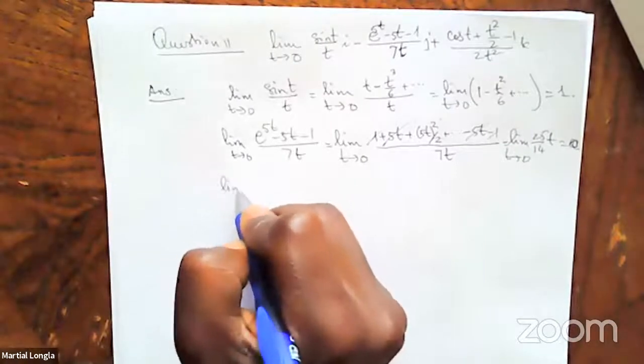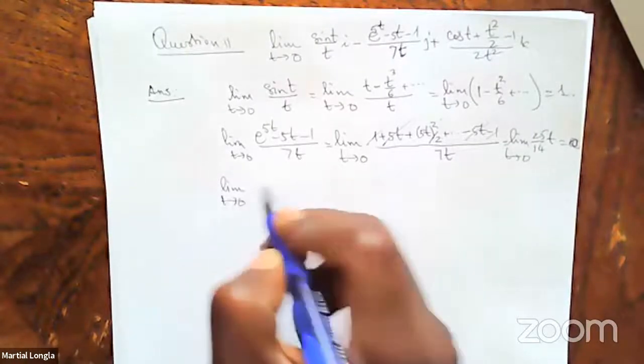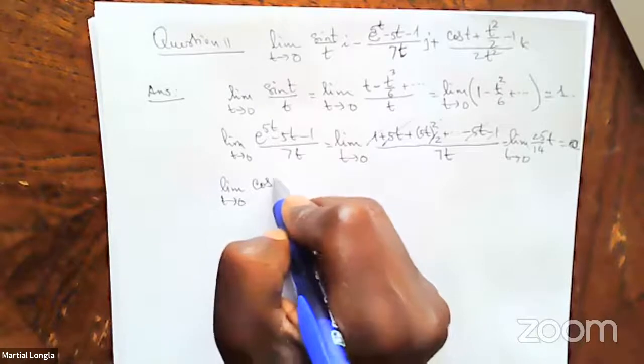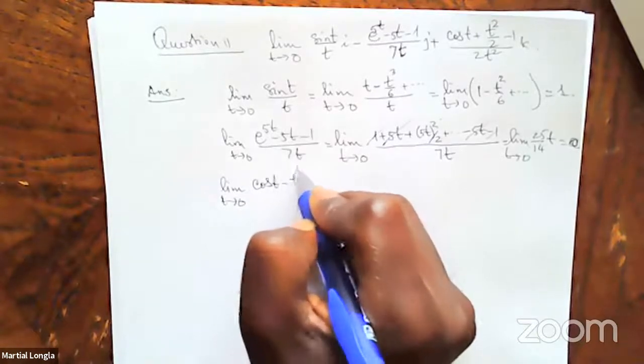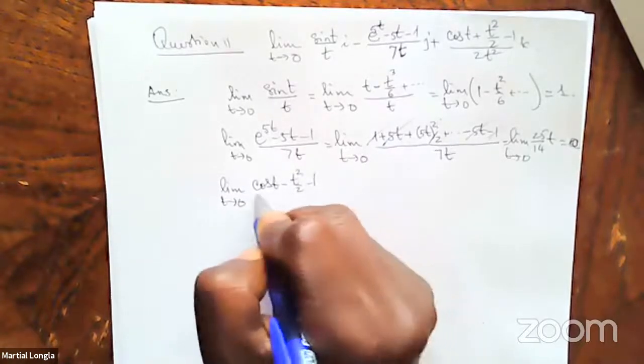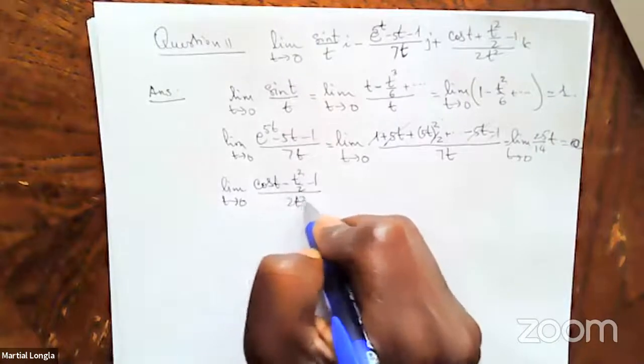And then you get the last limit as t goes to 0 of cosine t minus t squared over 2 minus 1 divided by 2t squared.